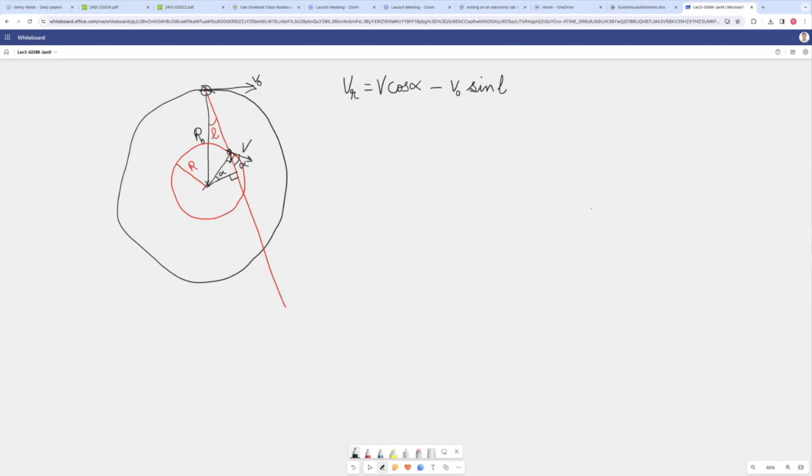Let's label this point as t, the tangent point. This point is the tangent point, and this is the location of our emitter.